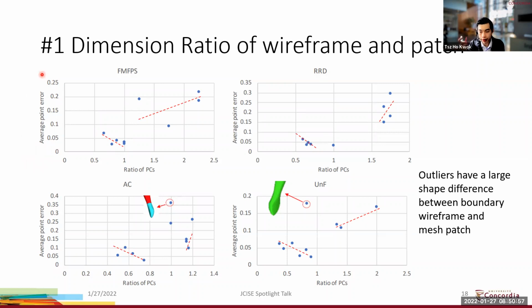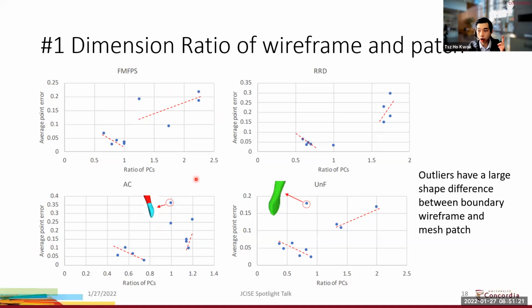That means each vertex has one error, and we average it out, so that it is comparable among different mesh patches. They use the four different segmentation methods shown here, and all of them are plotted with the error points shown in the table.